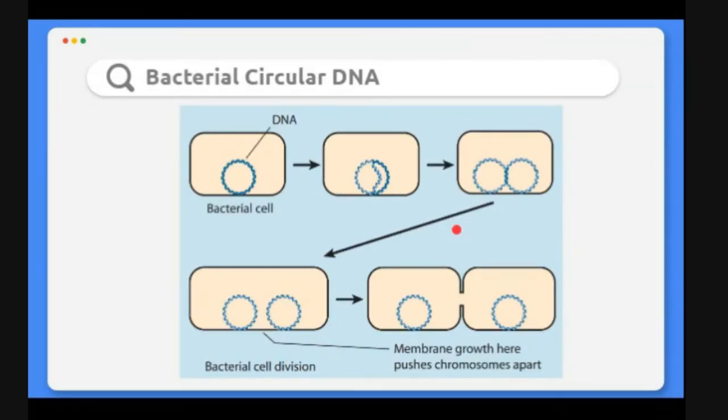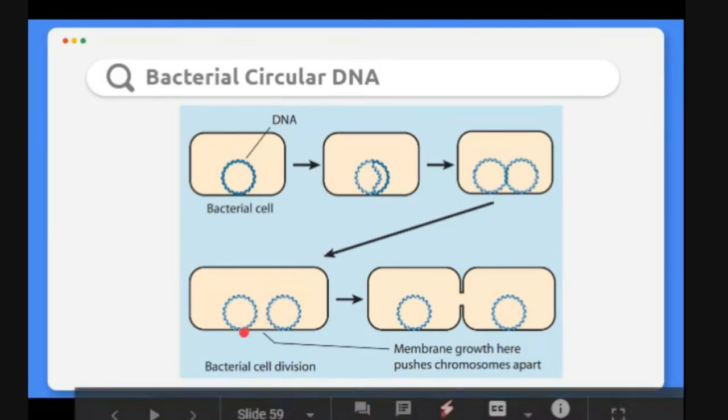And by the end of the replication in bacteria, basically, isi-separate niya lang yung two circular DNA. And yung two circular DNA mo na yon mabibigay niya sa two daughter cells niya through binary fission, 'di ba? Yung cell division sa bacteria is called binary fission. So, yun. Simple lang siya sa circular DNA.